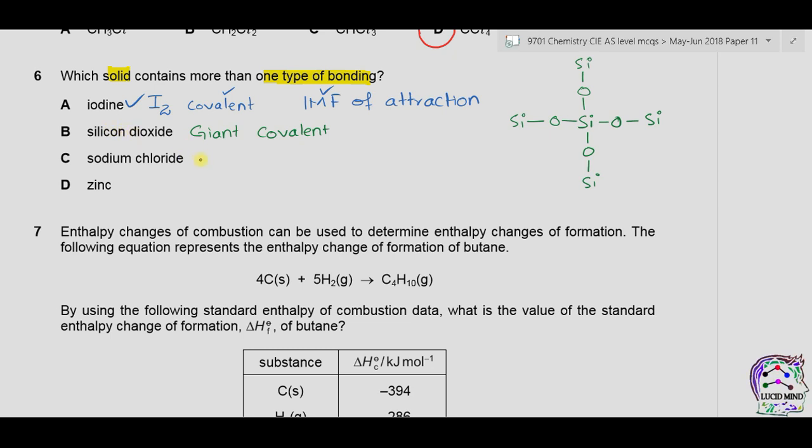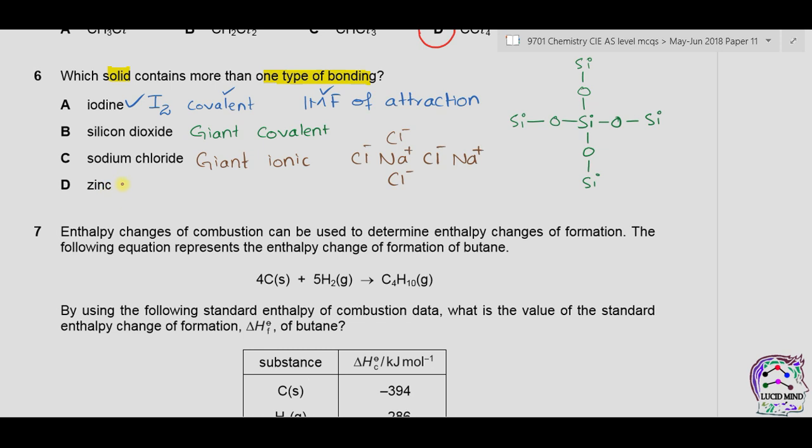C is sodium chloride. Sodium chloride is giant ionic in nature, as each sodium is surrounded by negative chloride ions, and each chloride ion is surrounded by positive sodium ions. So only one type of electrostatic forces of attraction is present, which is ionic bonding.